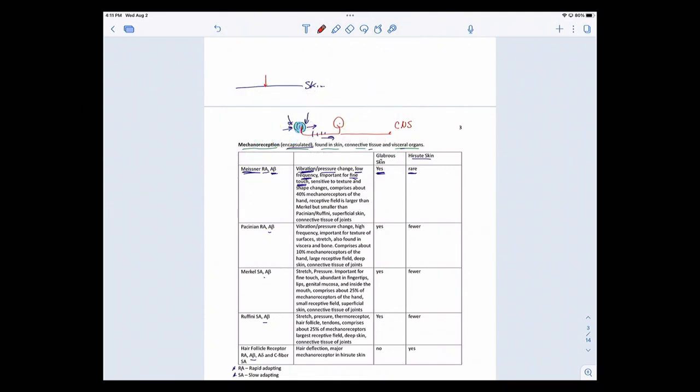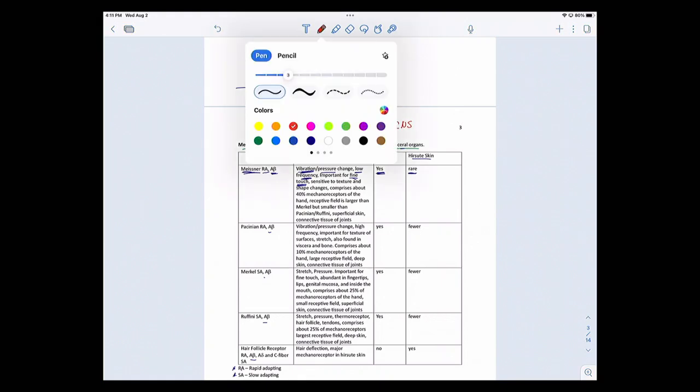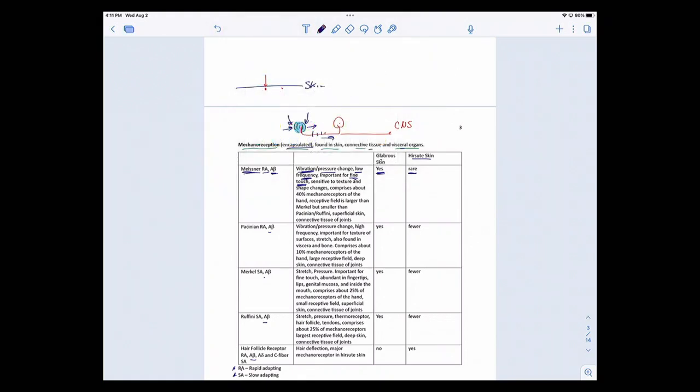My point is, are you aware that you're being touched here but not here? The more accurate you are in terms of where you're being touched, the better the fine touch you have. Now, fine touch has another synonym in neurospeak. It's called two-point discrimination.